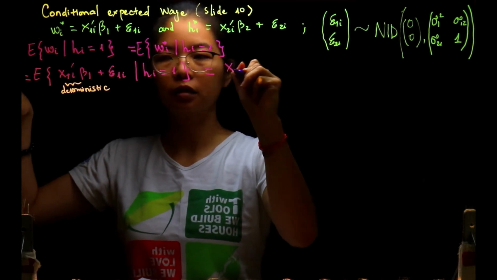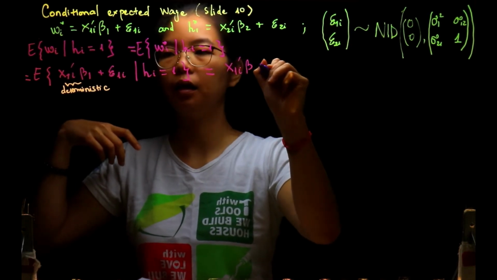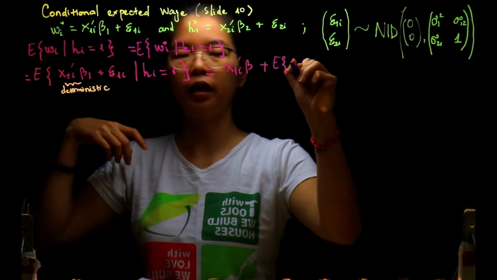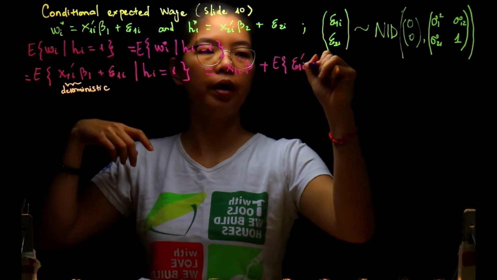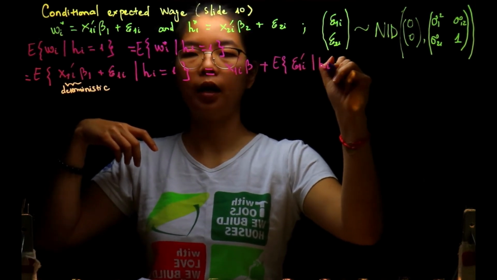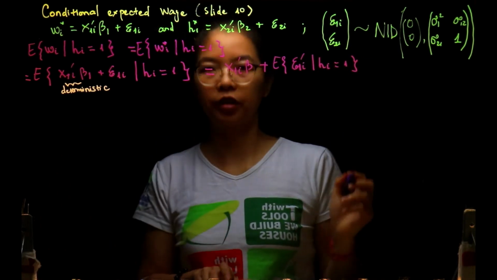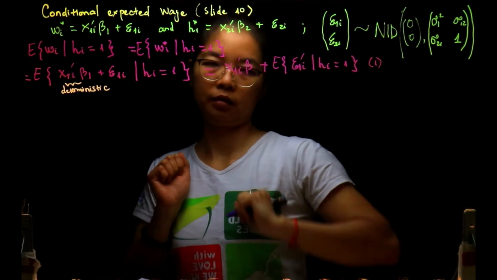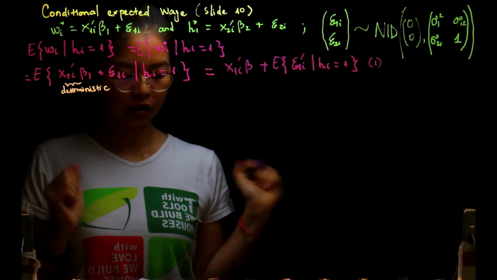So we have x1i prime beta plus, inside the expectation, only epsilon 1i conditional on Hi equal 1. And this is the first line on your slide 10. Alright, let's move further.